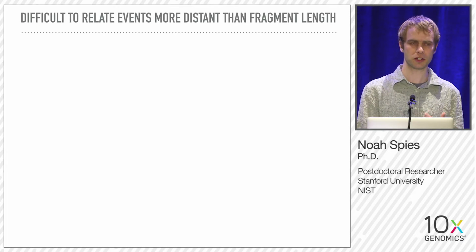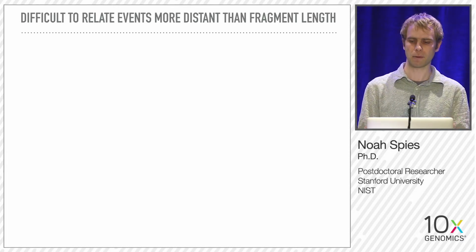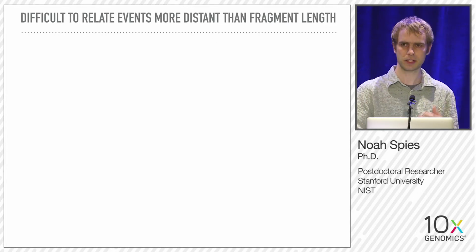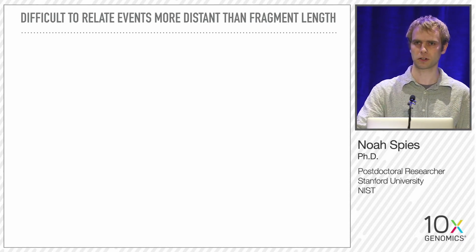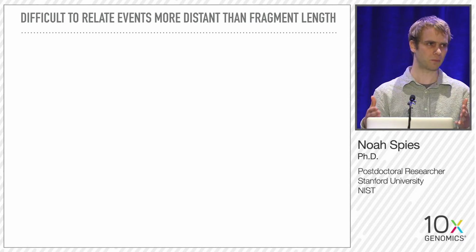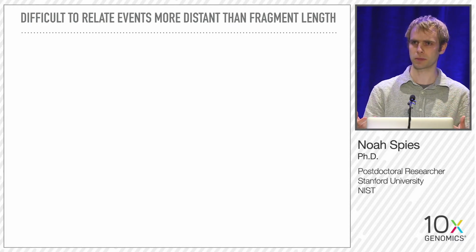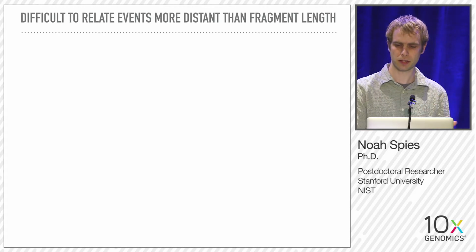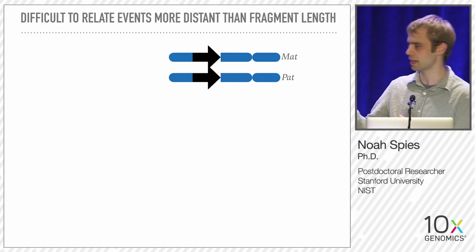Another issue with short read sequencing is that if we've got multiple breakpoints, it's difficult to relate them if they're distant from one another. This is important because, as I mentioned before, there are lots of types of complex structural variation where there are multiple breaks in the genomic DNA that are formed either simultaneously or one right after the other. So this is an important question to be able to answer. Here's an example of what this looks like.